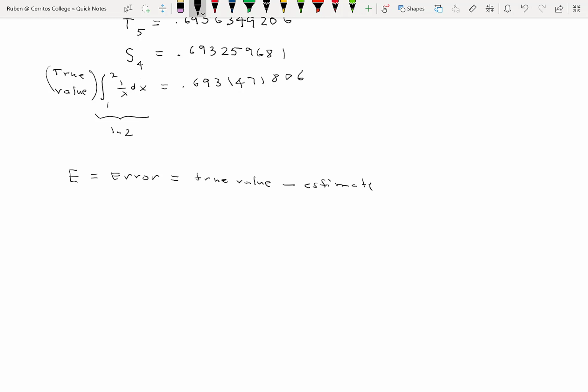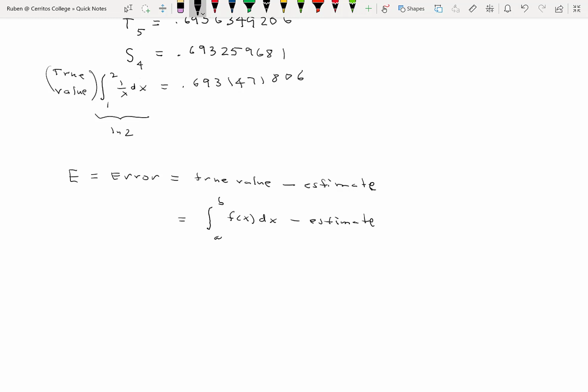Why not the other way around? That's purely arbitrary. So for our particular section the error involved is the actual value of the integral we're estimating minus the estimate. The estimate would be either the estimate for the right-hand rule, left-hand rule, trapezoid, midpoint, or Simpson's rules.